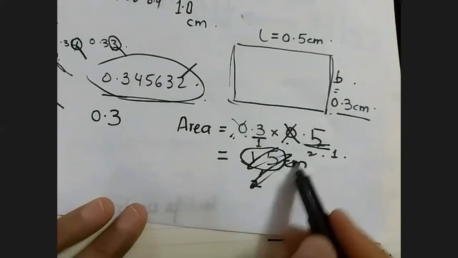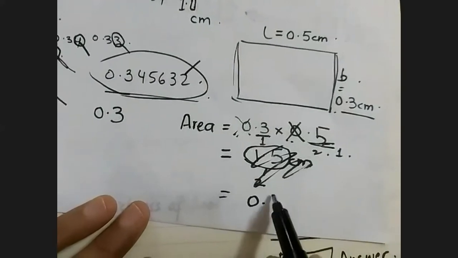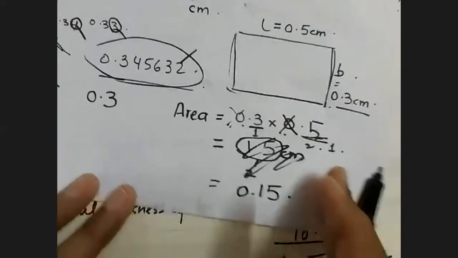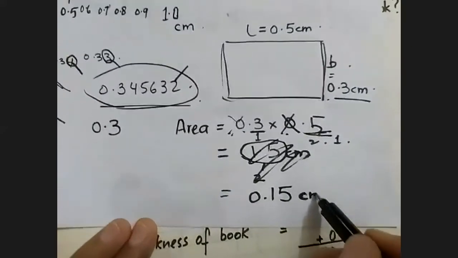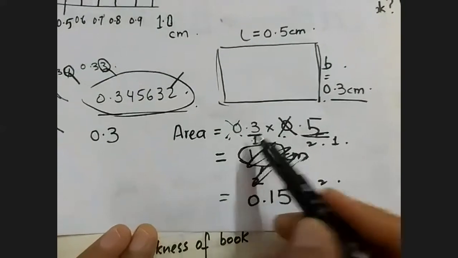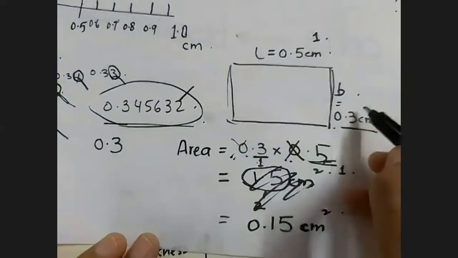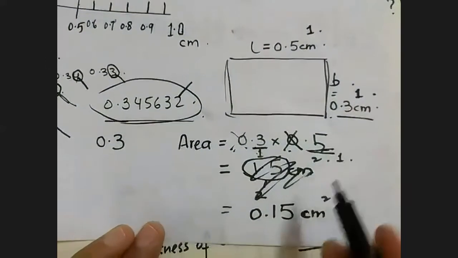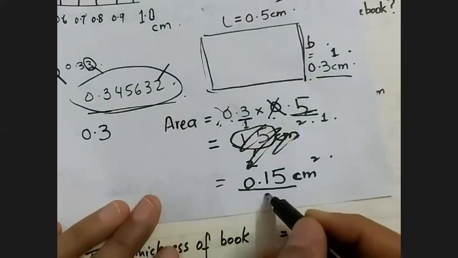Oh, sorry, the answer is 0.15. So how many significant figures does it have? 0.3 had one, this has one significant figure, but the answer has two significant figures.